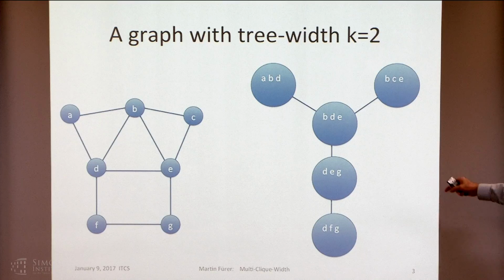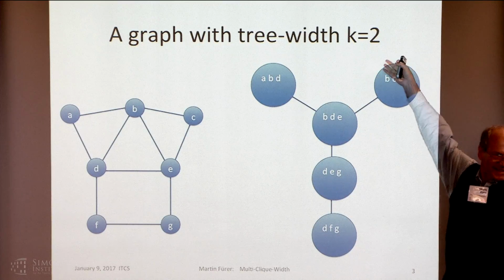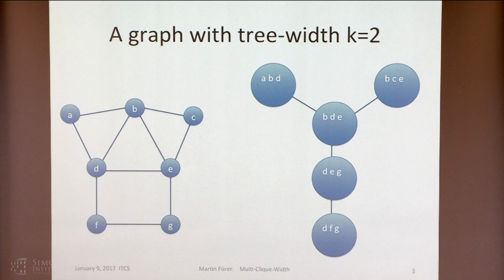The width of the decomposition is traditionally one less than the maximum number of vertices that you have in a node. And choosing the best possible such tree defines the tree-width.